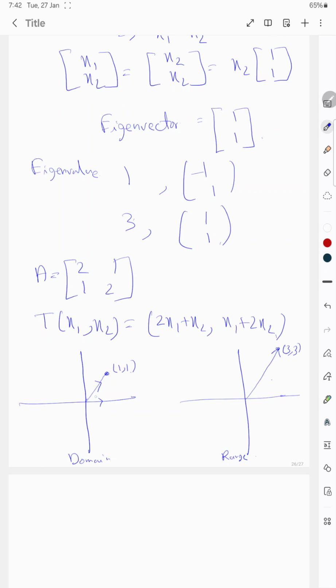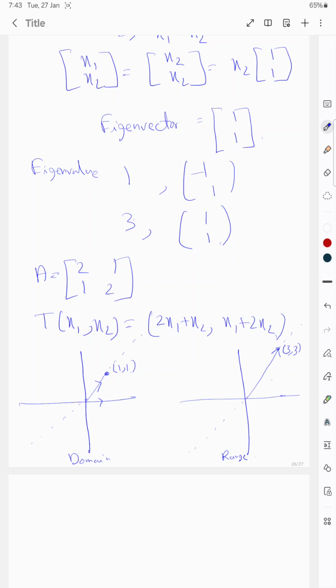So the thing is, whenever you apply the operation on the eigenvector, this point lies on the line x equal to y, and the corresponding point in the range set is still on the same line, 1 1 going to 3 3, right? So whenever you apply it on an eigenvector, it lies on the same line, that is, the direction of that point will not change.